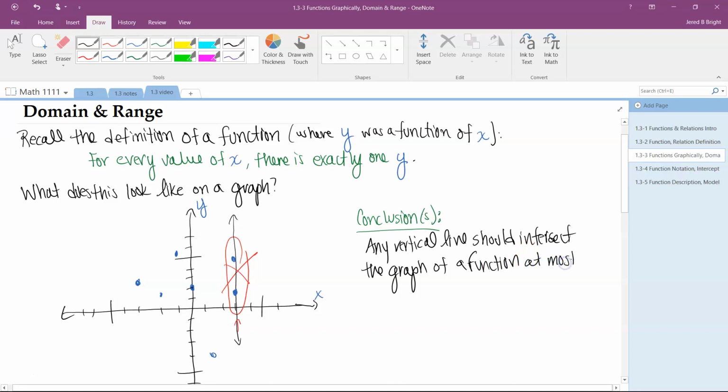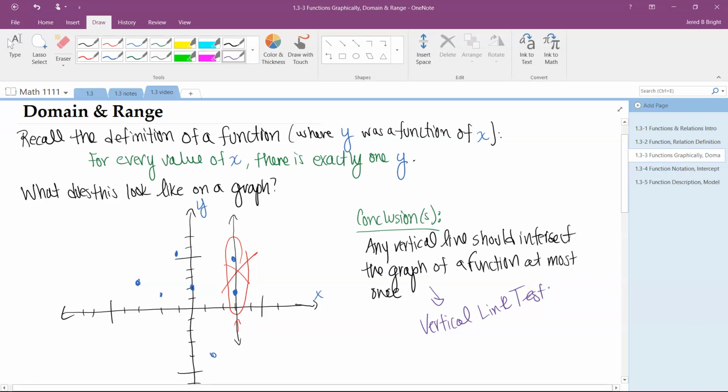It could intersect no times, at most once. Some of us might know this by another name. This is called the vertical line test. So take a vertical line, and then it should pass through the function once or none. If it intersects twice, no good.